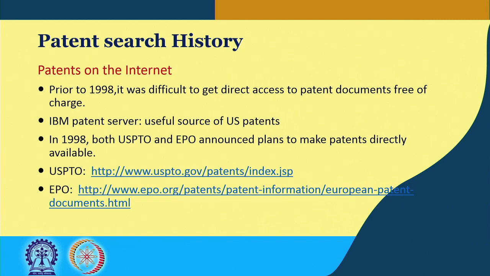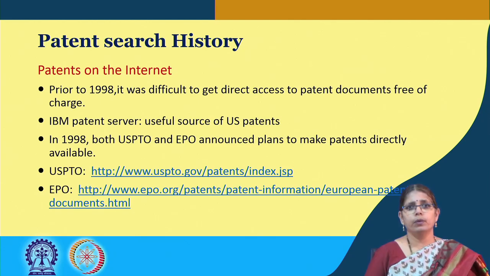And of course, in the late 1990s is the time when we look at the patents on internet, which is the internet direct access of patent documents free of charge. So, from a time when one had to pay high cost for patents to today, we can access patent documents available on the internet.